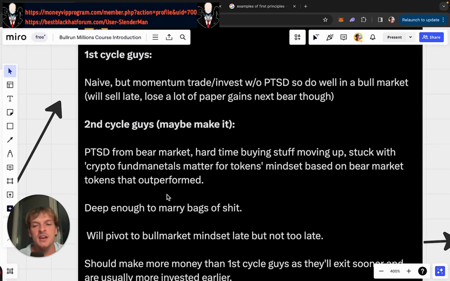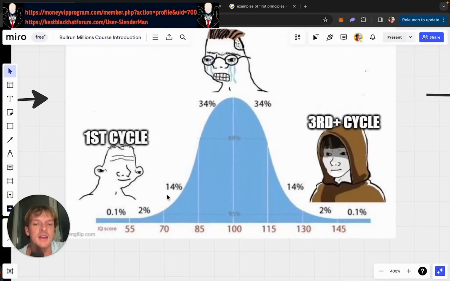And then in your second market cycle, you have trauma associated with the prior market. So you think that you're going to quickly take profits because the market's a scam, and you're going to buy things that have good fundamentals, and you're going to what we would call mid-curve the analysis.